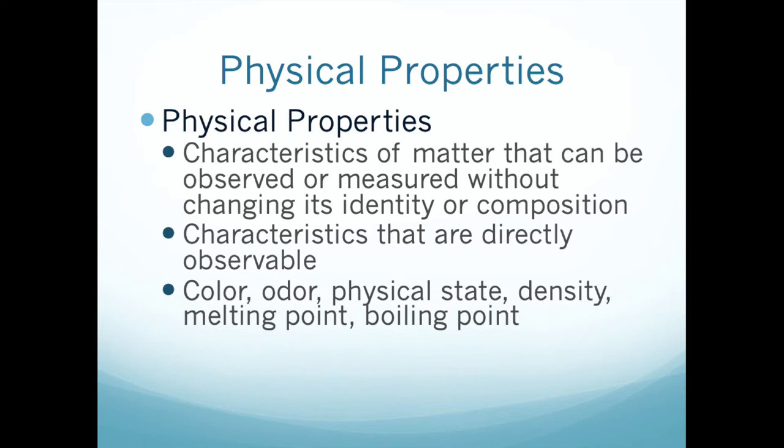So since the water molecules are still water molecules, that is a physical property, not a chemical one. Okay, and same for boiling point. So if I take my liquid water and boil it into steam, and note that the boiling point is 100 degrees Celsius, doing that doesn't make the water molecules stop being water molecules.